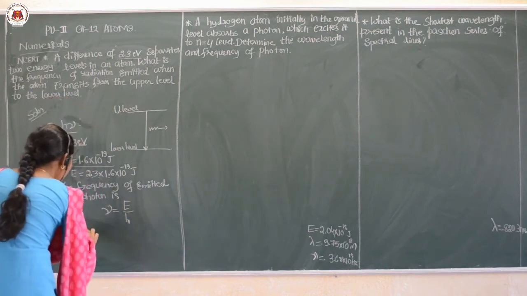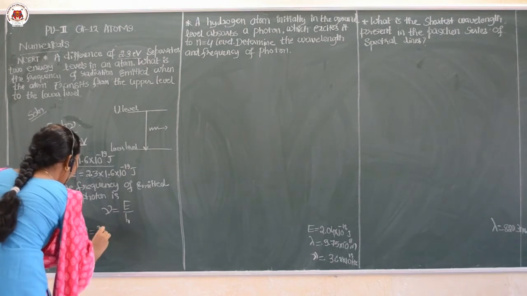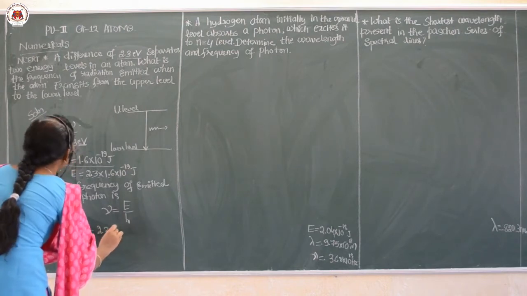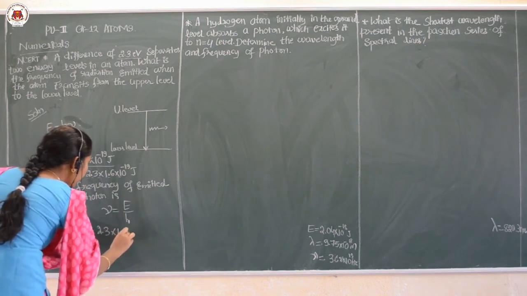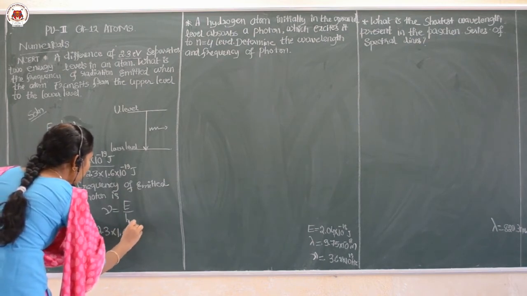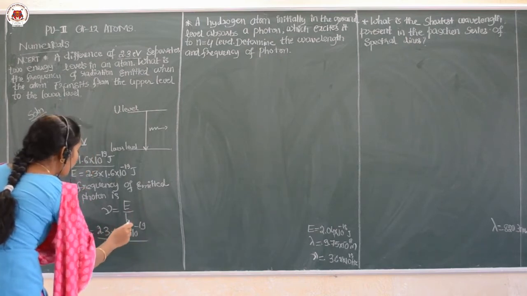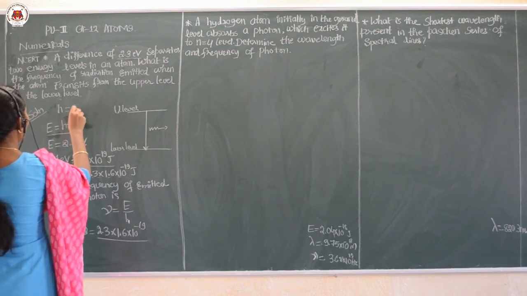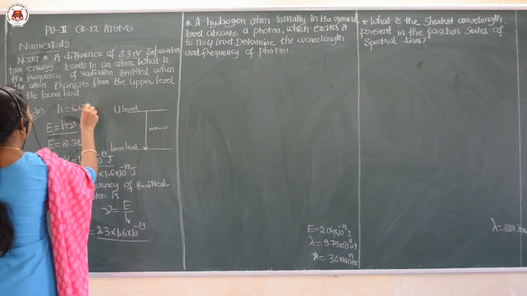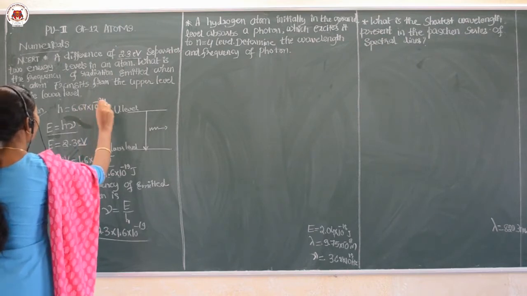Then nu is equal to E upon h. That is 2.3 into 1.6 into 10 raised to minus 19 joule, upon h, Planck's constant, which is equal to 6.67 into 10 raised to minus 34 joule second.